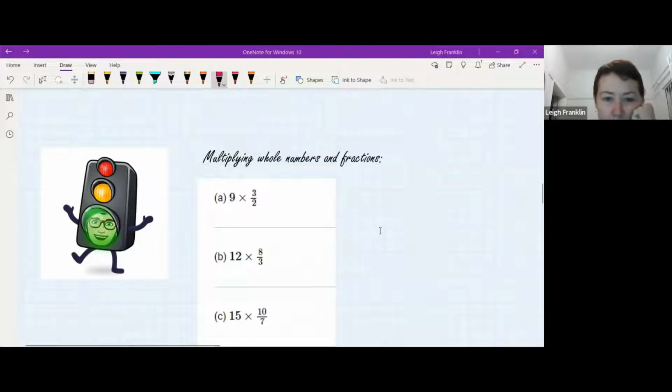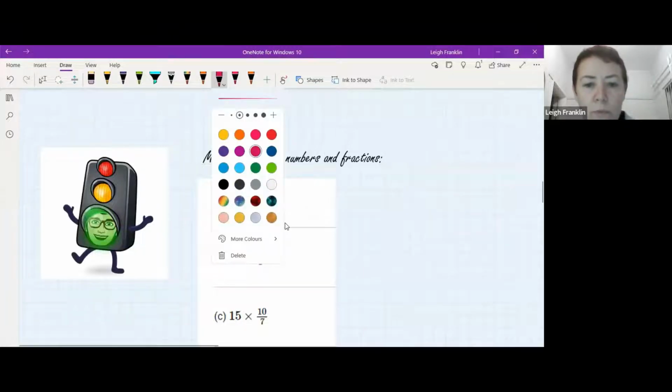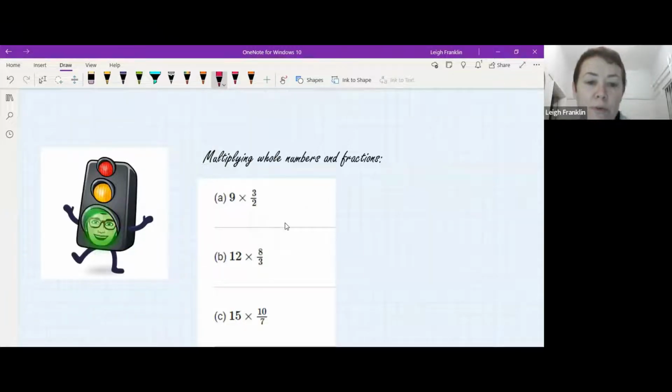I would have to make the whole number into a fraction. Okay, so how would you write it? Would it be 2 over 2? Are you saying that the denominators have to be the same?